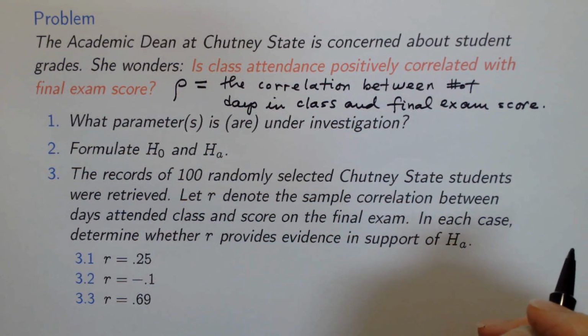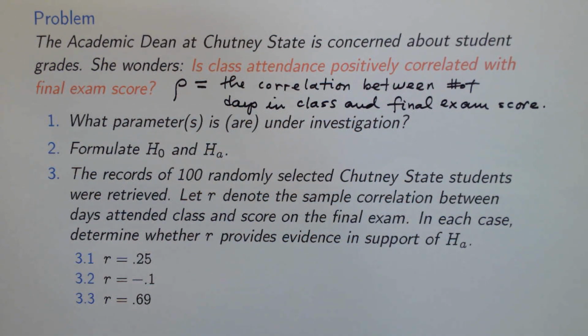Okay, let's say that the final exams are scored on some kind of uniform scale from 0 to 100. And the number of days, you just count the number of days that a student was in class. So what parameters are under investigation? It's this correlation. All right, formulate the null and alternative hypotheses.